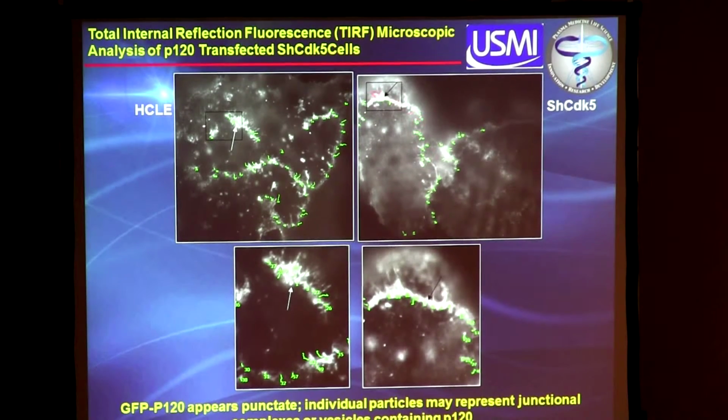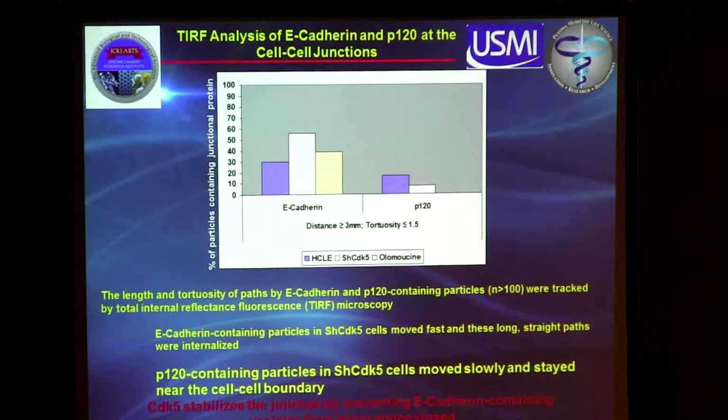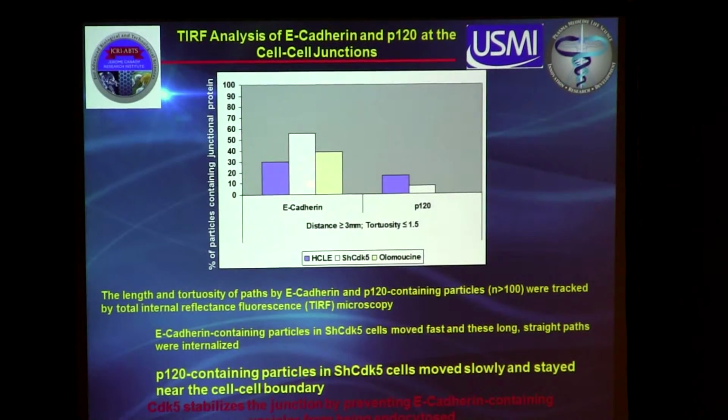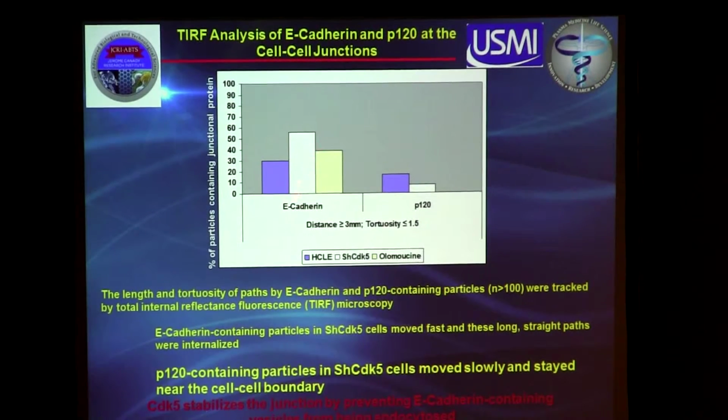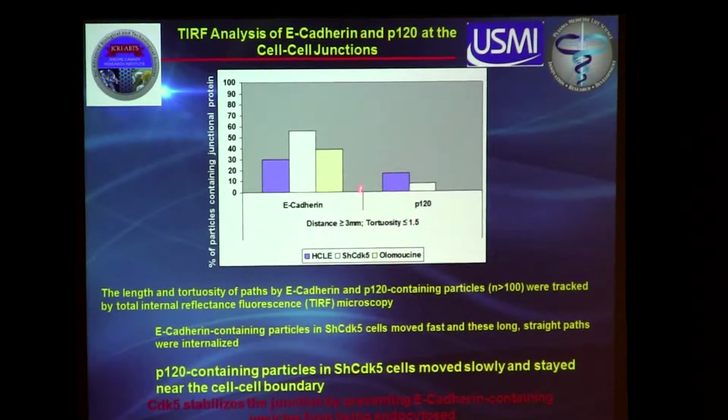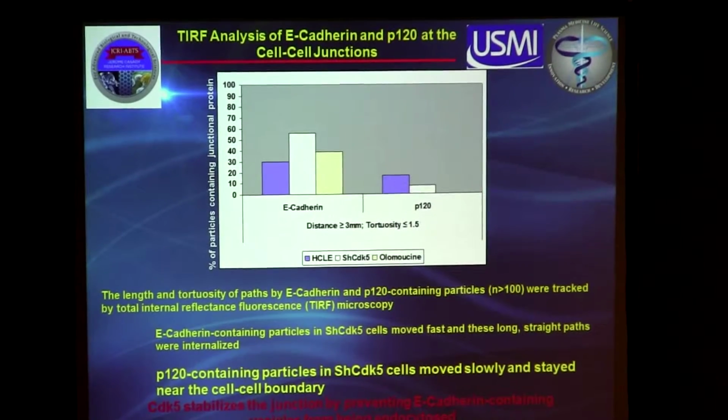It remained on the cell membrane, both in the normal cells and in the absence of CDK5. This graph shows that the rate of internalization was higher in the presence of the CDK5 inhibitor as well as in the Sh CDK5 cells, whereas P120 had no effect.